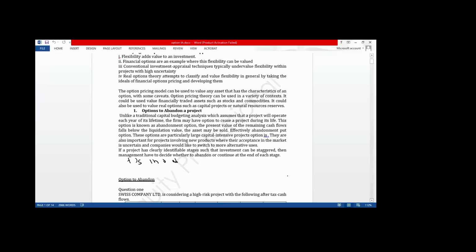Under the conventional net present value method, it is assumed that a project will commence at year 0.